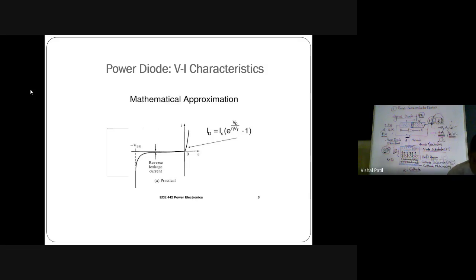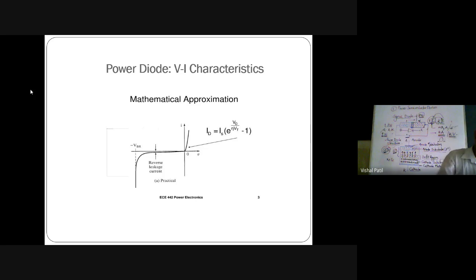From this expression, what can you conclude? The relation between current and voltage is exponential. We normally write an exponential equation like y equals e raised to x. Here y is the current that you can observe on the y-axis, and x is the voltage that you can observe on the x-axis.